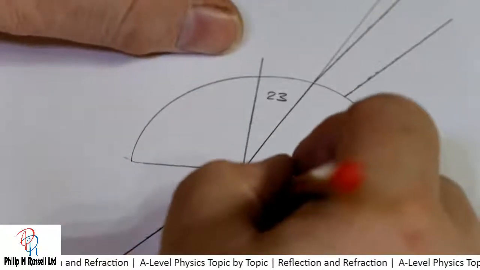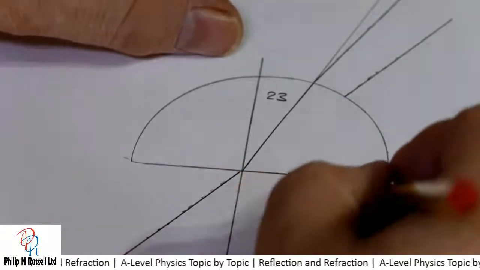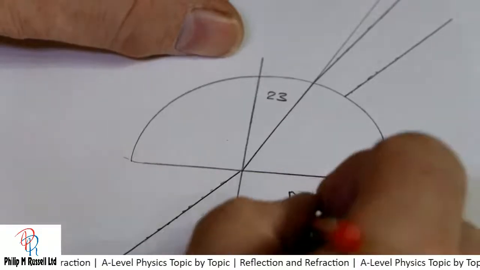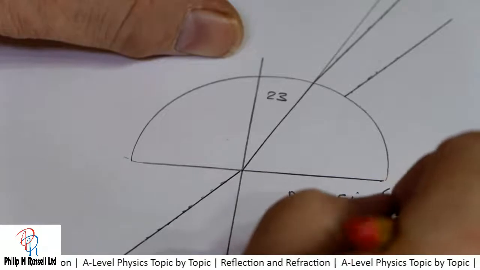So let's work out our refractive index, which is the sine of i, 39.5, over the sine of 23.